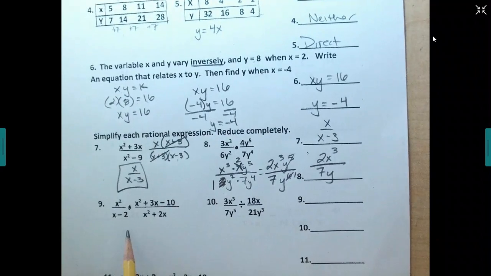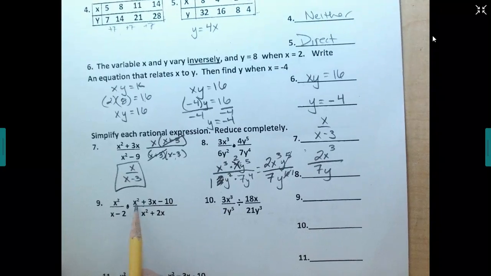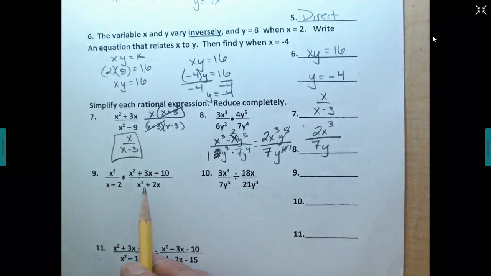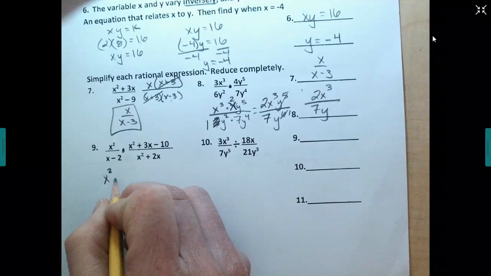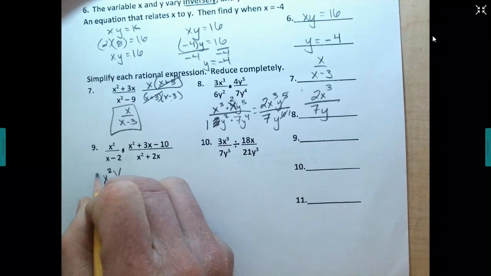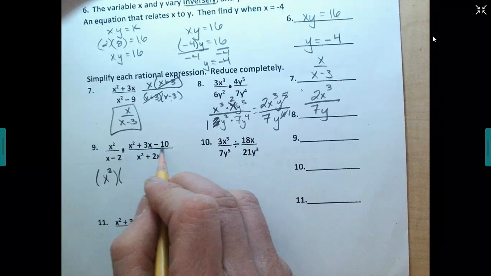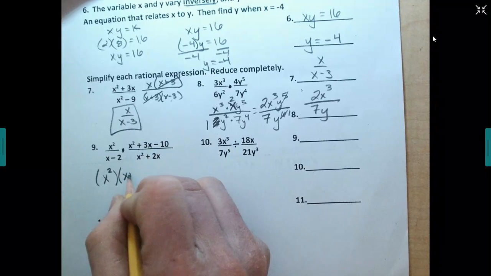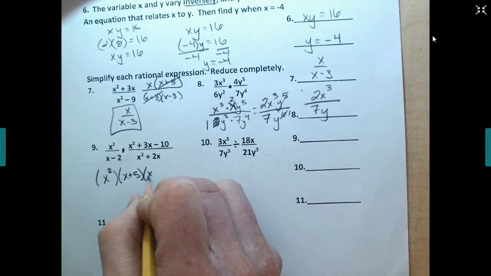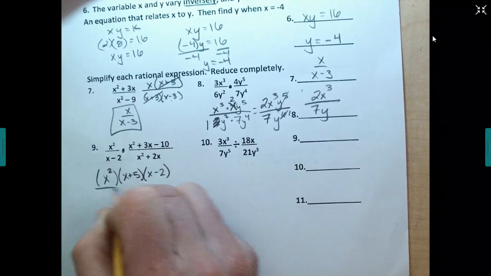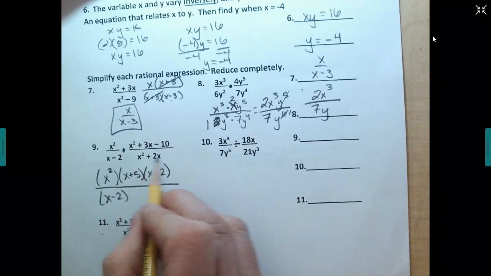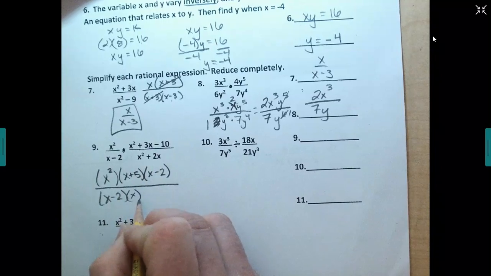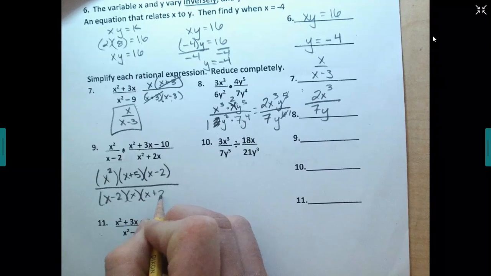All right, let's multiply these. What I'm going to do is I'm going to factor this one out. So I have x squared. And then this is going to be x plus 5, x minus 2. On the bottom, I have x minus 2. I'm going to factor an x out of this. I'm left with x plus 2.